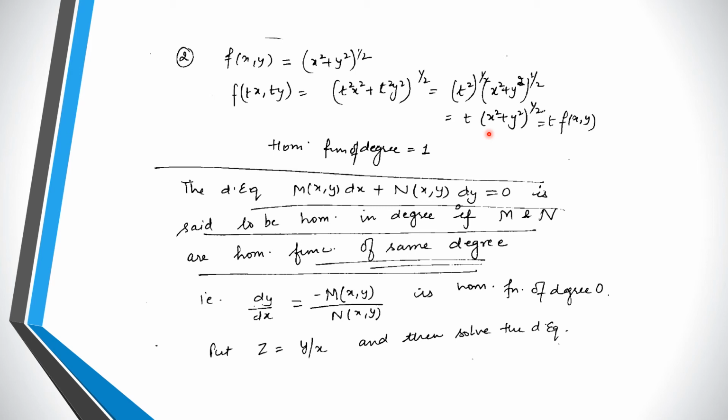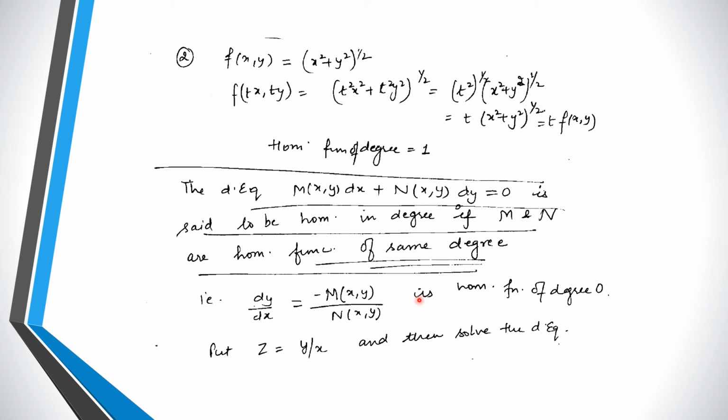Now what is the method to find the solution of a differential equation? If the differential equation is of the form dy by dx is equal to some function of x, y upon some function of x, y, a first order differential equation where both M and N have the same degree, or you can say this complete function has degree 0, then we can put z is equal to y upon x and solve this differential equation.